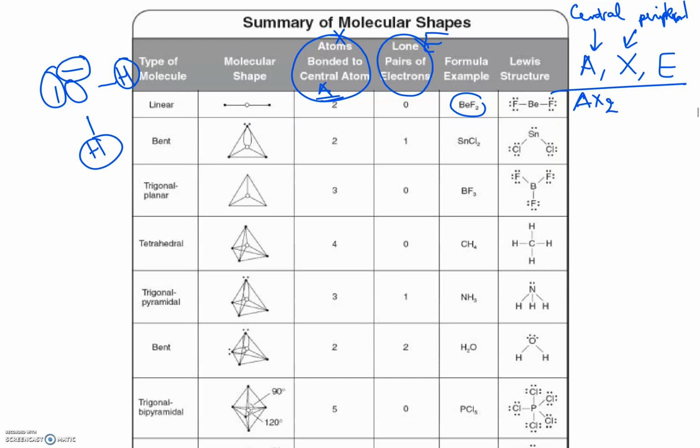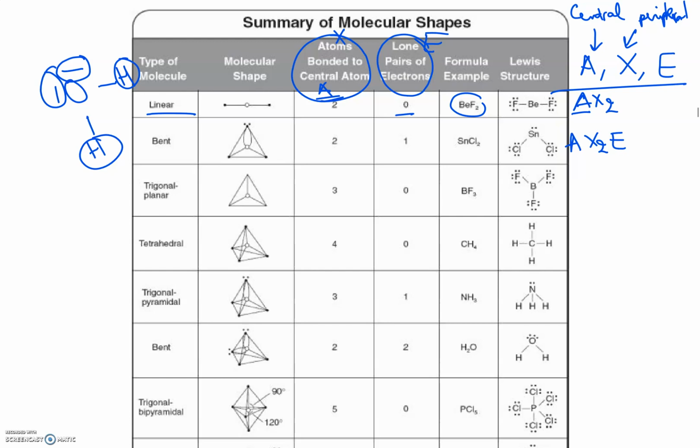So if we have AX2, a central atom that does not have electron pairs, and there are 2 atoms attached to it like BeF2, its shape will be linear. Okay? In this case, AX2E or AX2E1, like SnCl2, but Sn has 1 pair of lone electrons, the shape will be bent.